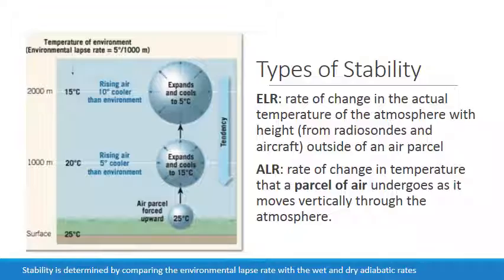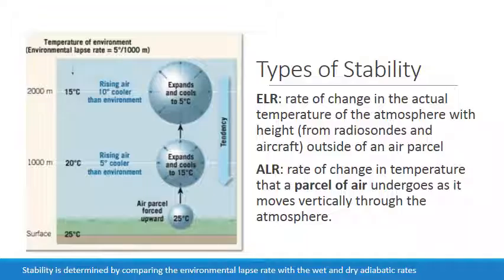The air at the surface appears to be less dense than the air at 1,000 meters because it's 5 degrees warmer. However, if the surface air were forced to rise 1,000 meters, it would expand and cool at the dry adiabatic rate of 10 degrees C per 1,000 meters.